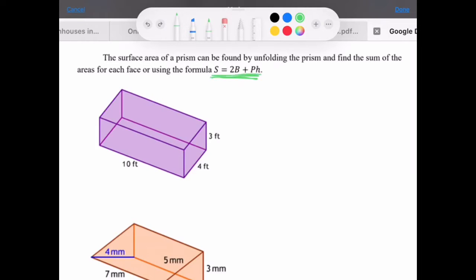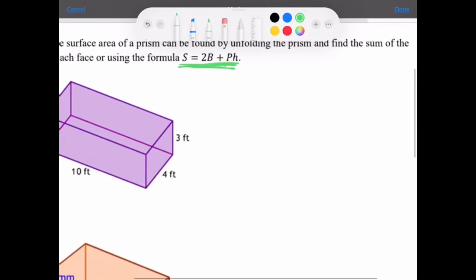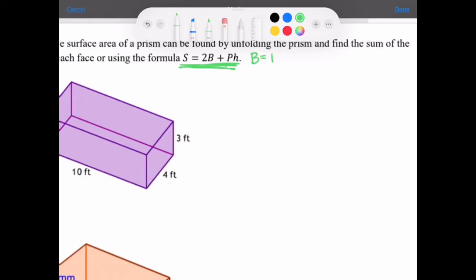So let's break down what this formula means. Our constant way of finding surface area is finding the area of each face. S obviously is surface area. The B stands for base area. The P is the perimeter of the base.